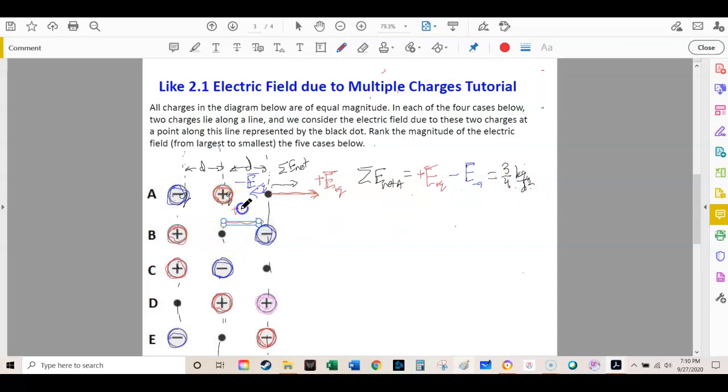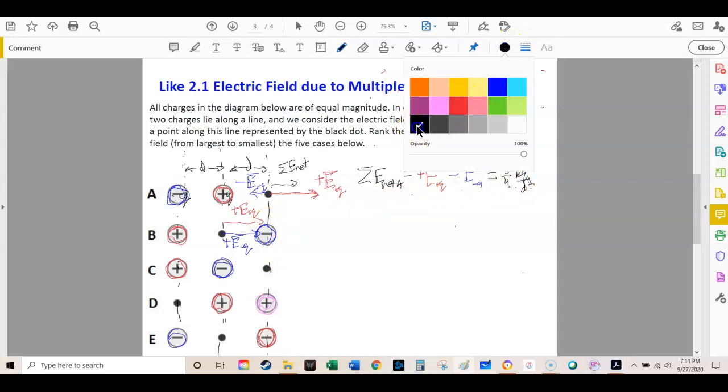I'm going to call it positive E to the positive Q. And then I'm going to draw another vector, which is going to be positive E to the negative subscript negative Q. All right. So I have two vectors pointing to the right, which makes me think that this is going to actually be 2kq over d squared.